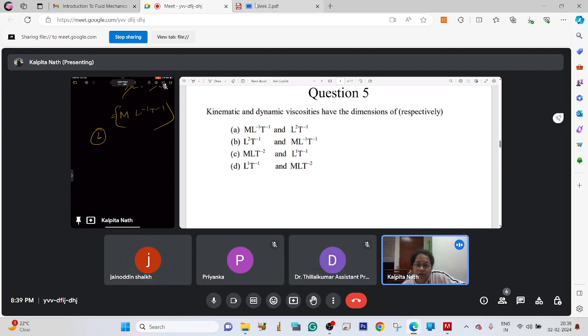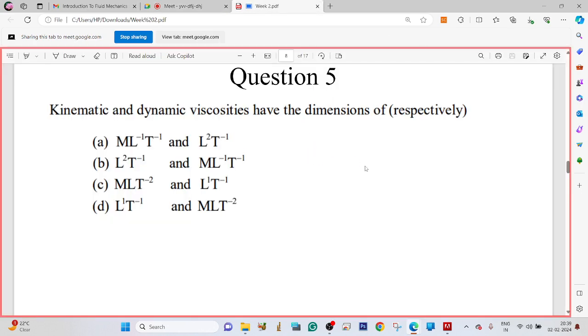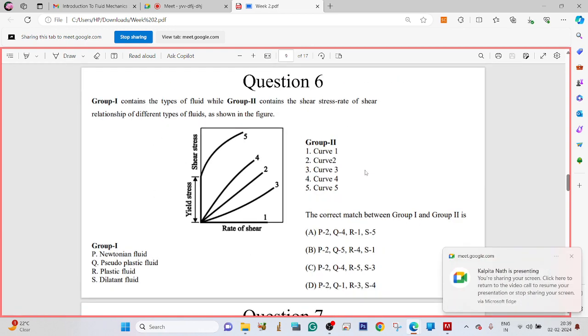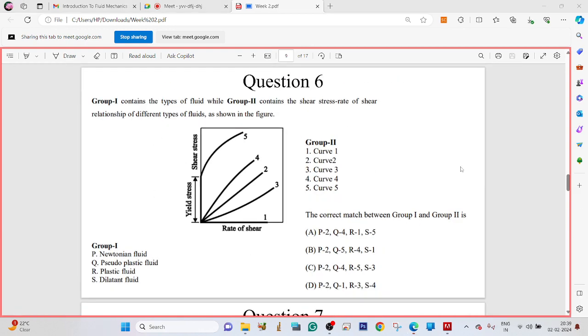Let's move to the next question now. So there are two groups, group 1 and group 2. Group 1 contains the types of fluid, and group 2 contains the shear stress strain rate of the shear relationship of different types of fluids.